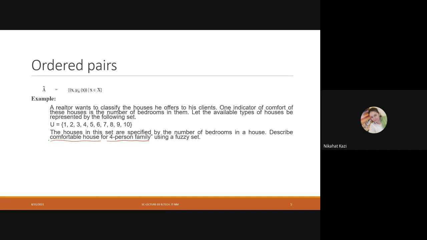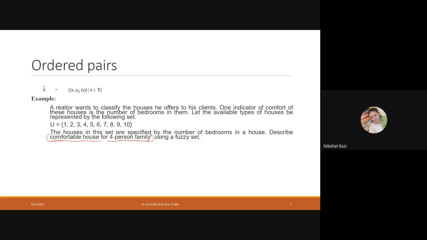Whenever you are modeling a fuzzy set, first you have to define the universe of discourse, and then depending on what is written here, you have to decide the membership of each of these elements in your fuzzy set. For a 4-person family, if the house has 4 bedrooms, then that house is comfortable enough.